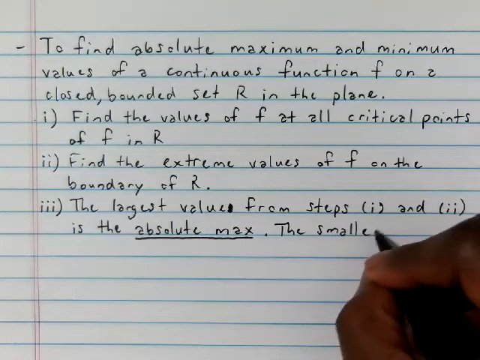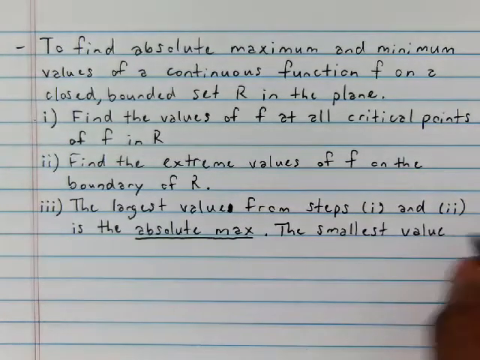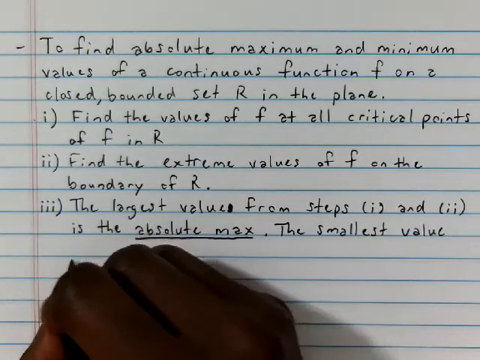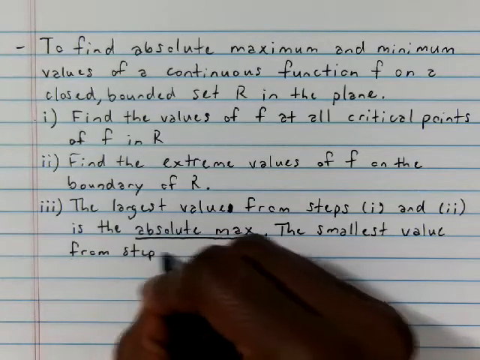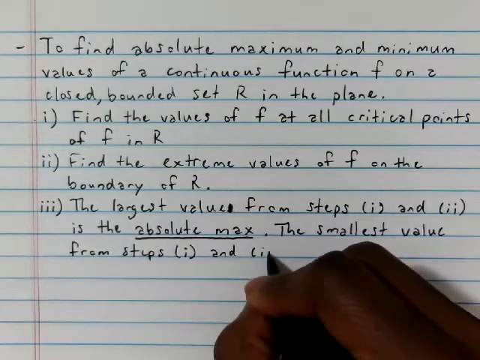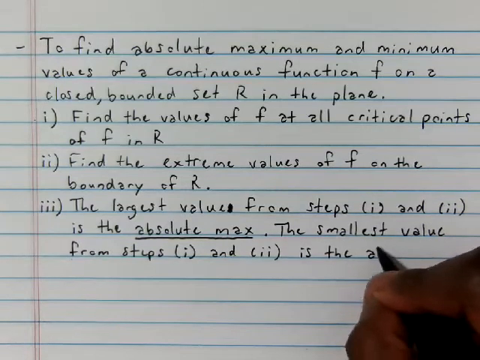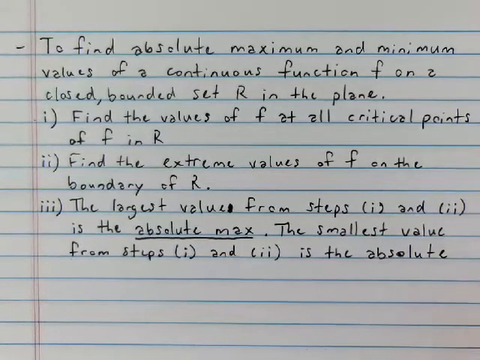The smallest value from steps 1 and 2 is the absolute minimum.